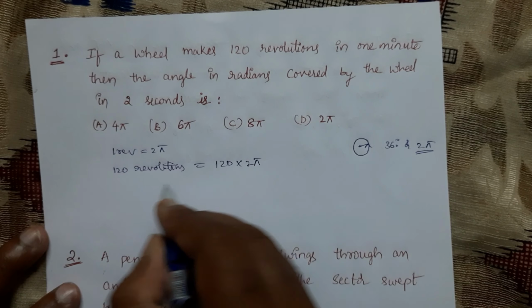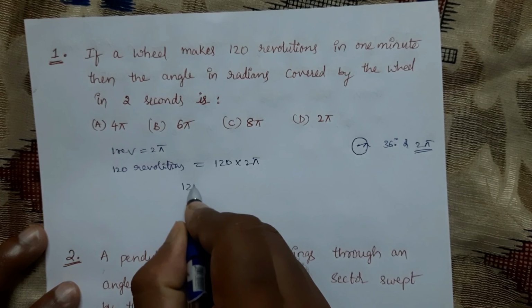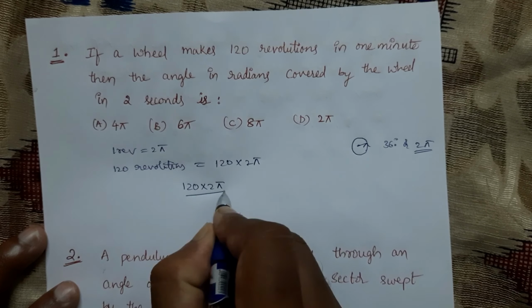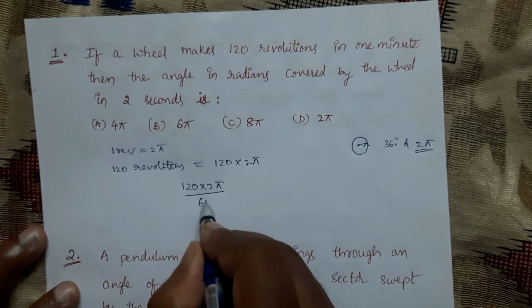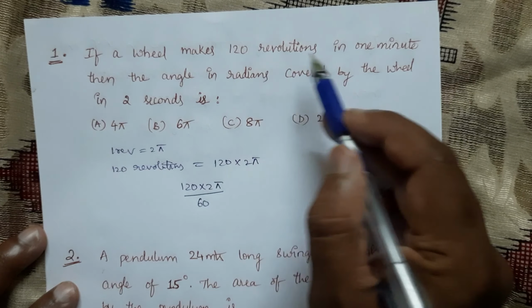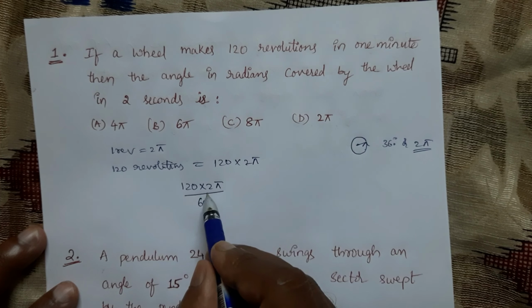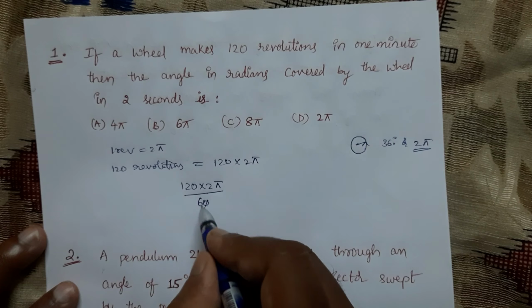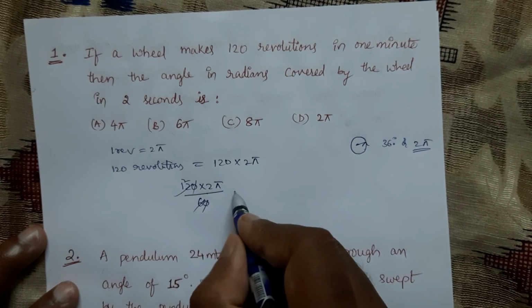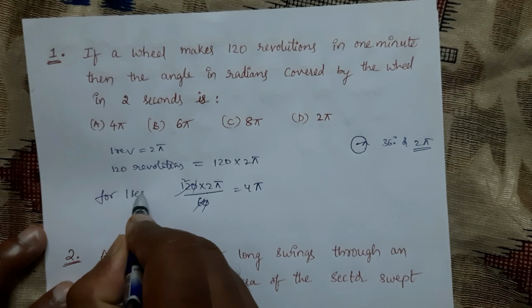So 120 revolutions in terms of radians means we need to do 120 into 2 pi divided by 60. Why? Because they are asking in terms of seconds. So they said 120 revolutions in 1 minute, and 1 minute has 60 seconds. So 120 into 2 pi by 60. The zeros cancel, 6 ones are 6, 6 twos are 12, so it is nothing but 4 pi. So this is for 1 second, right?